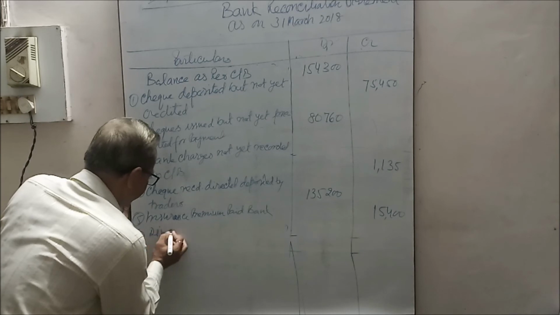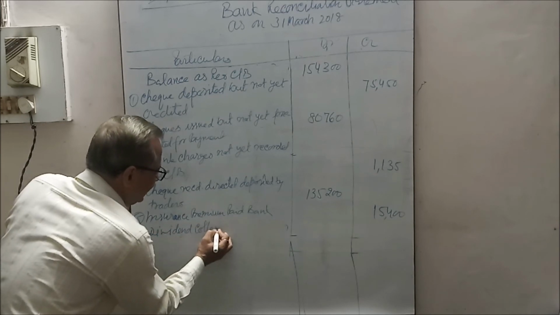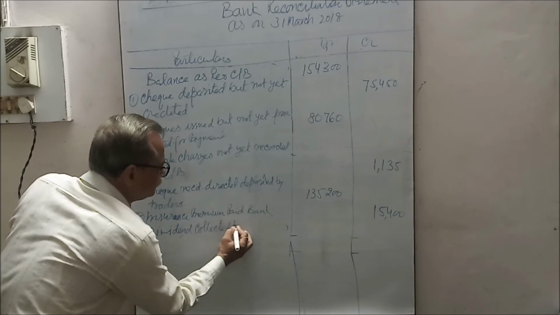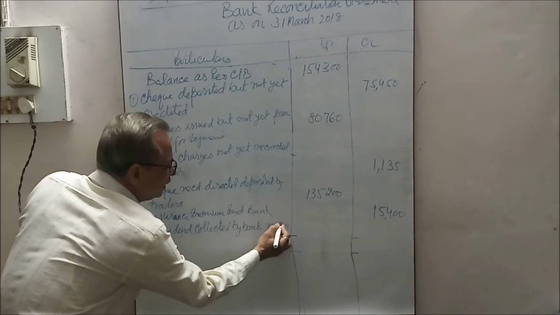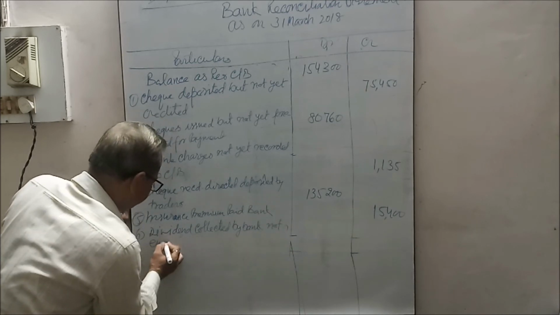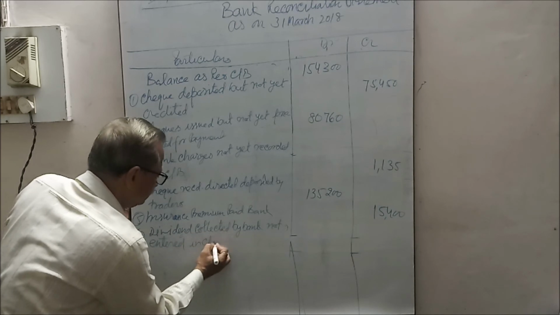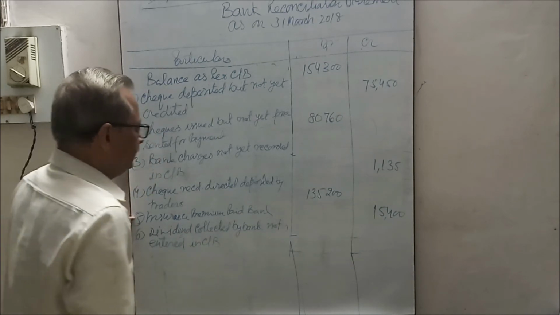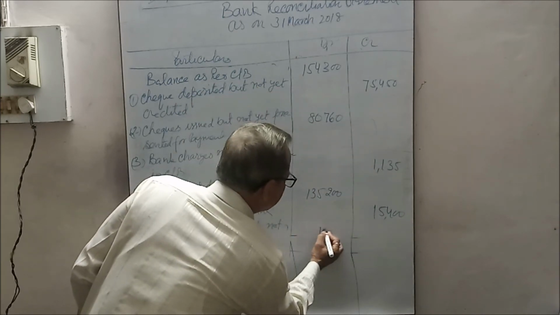Dividend collected by bank not entered in the cash book. This is 1,000, should be debited 1,000.